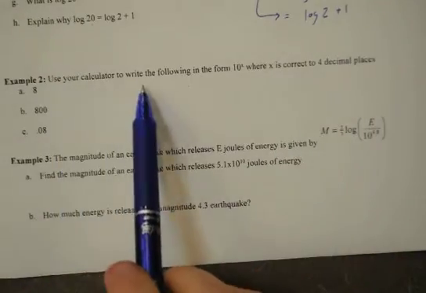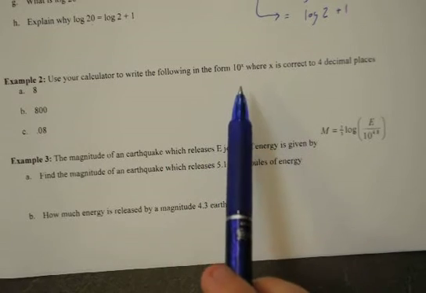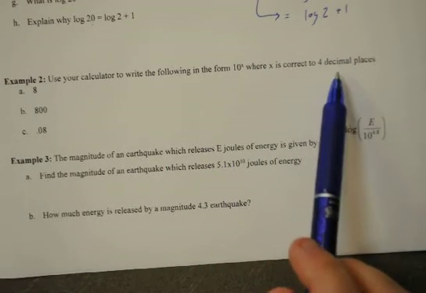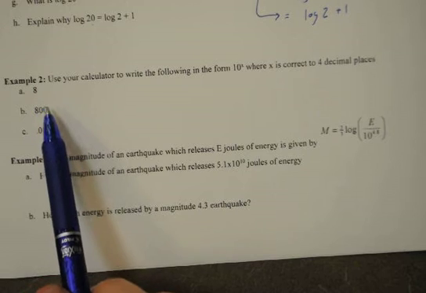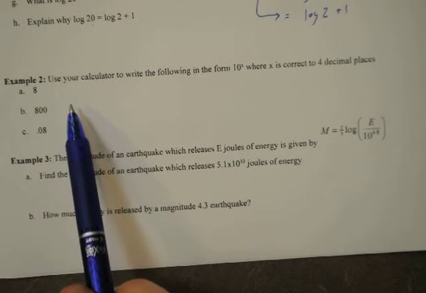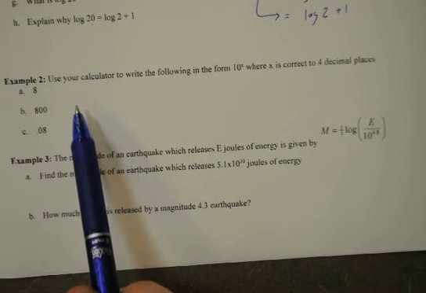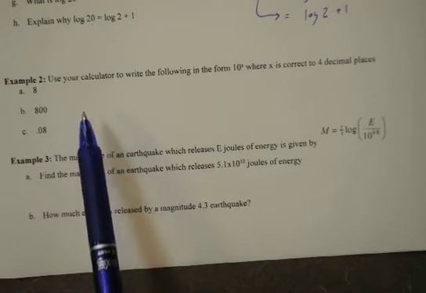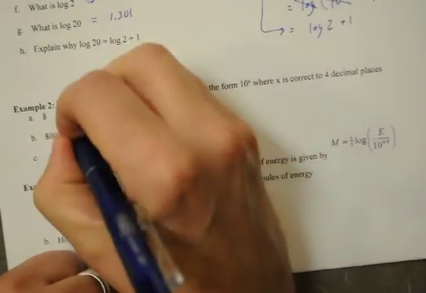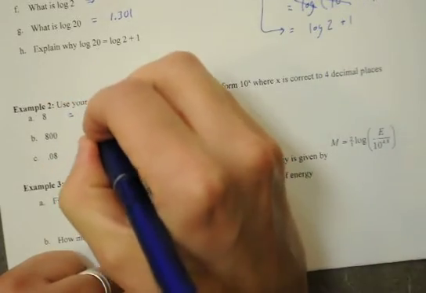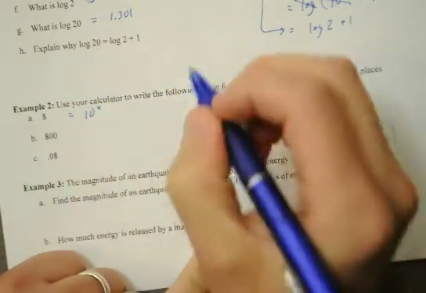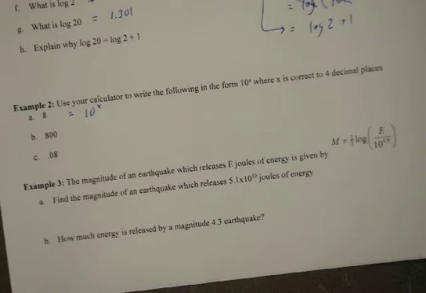Alright, next, use a calculator to write the following in the form 10 to the x, where x is correct to 4 decimal places. So we need to write this as 10 to the x. Alright, so 10 to the what power is equal to 8.